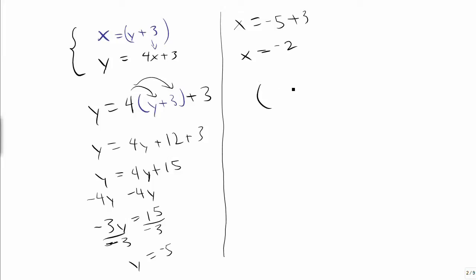So altogether, the best way to write this answer is as the ordered pair negative 2, negative 5. This is the ordered pair. It can be represented on the graph as a point, and it's the point where those two lines, this line and this line, cross, and it's the solution to our problem.